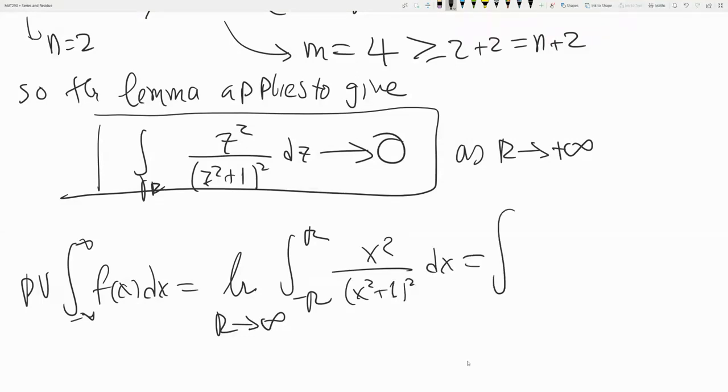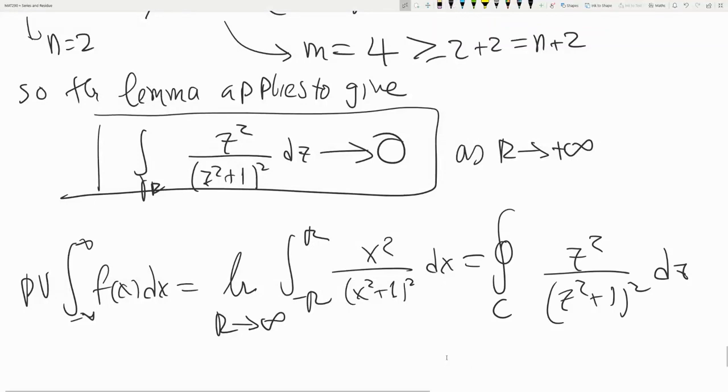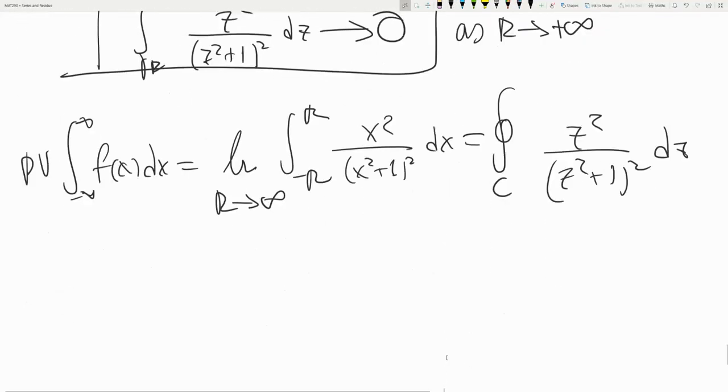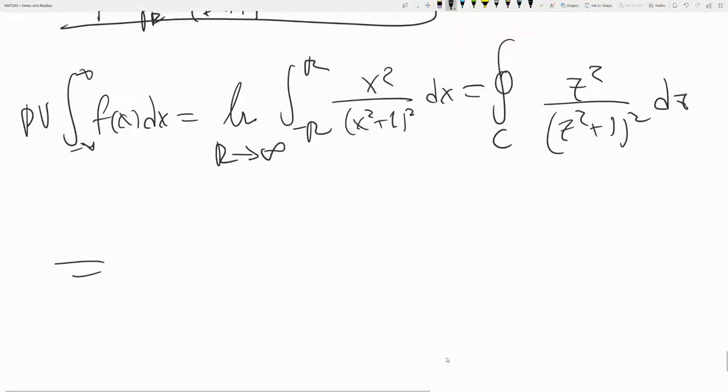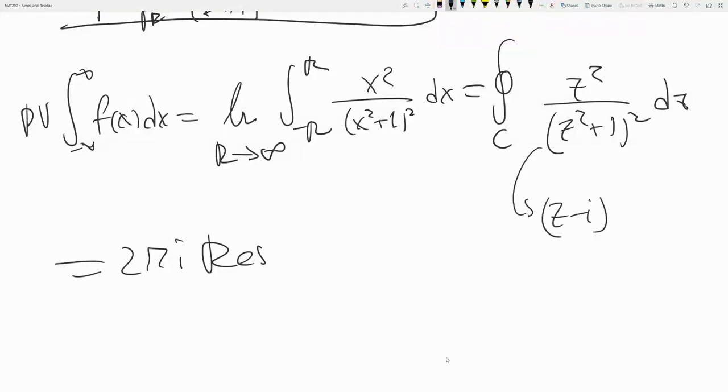So we have this contour C, z squared over z squared plus 1 squared dz. Okay, so let's do residue. So 2πi times the residue of what? So we have to find the poles. Let's factor this. So we have z minus i squared, and z plus i squared.